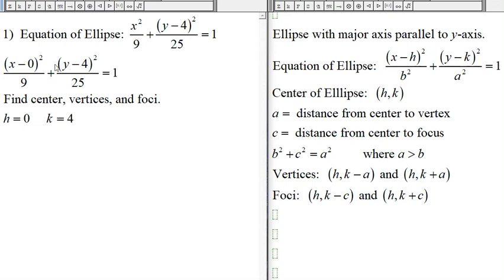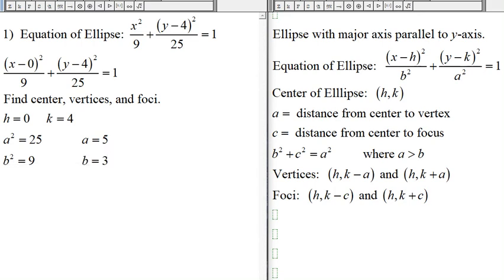And then of the 25 and the 9, the larger one is 25, and the larger one will be a squared. If we take the square root of both sides, we get a equal to 5. And then the smaller one will be b squared. b squared is 9, and again, if we take the square root of both sides, we get b to be 3.